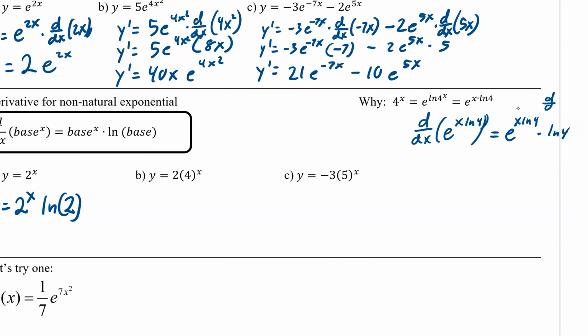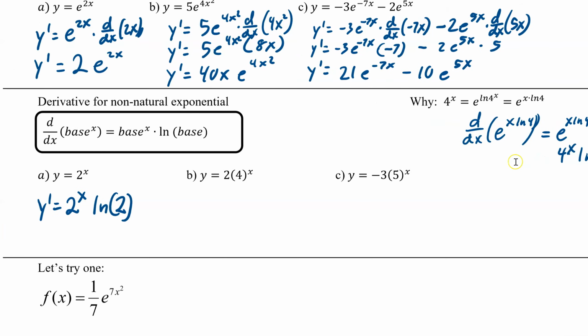So the derivative with respect to x of x ln of 4 is just that coefficient that's in front, the ln of 4. All right, and we already know that e to the x ln of 4 is just 4 to the x. So it becomes 4 to the x ln of 4. So whatever your base is, it's just going to get converted up here, and you end up with this.